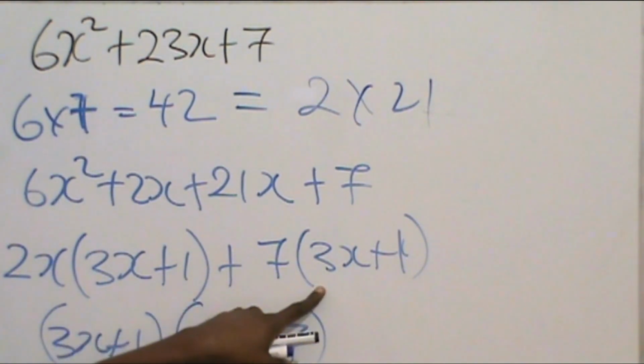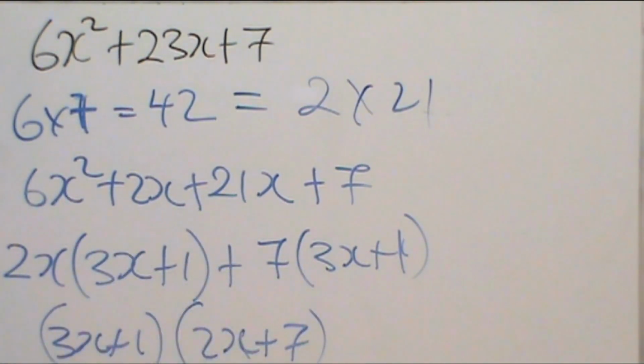So 3x plus 1 is the common factor, you take it out, so you get 3x plus 1 into 2x plus 7, which is exactly what I have here.